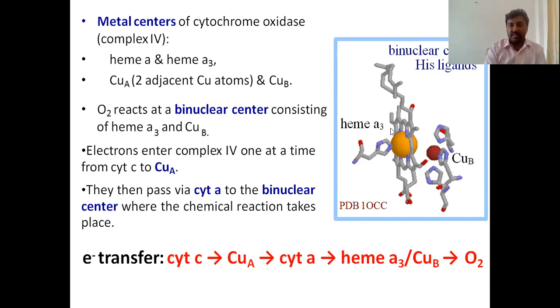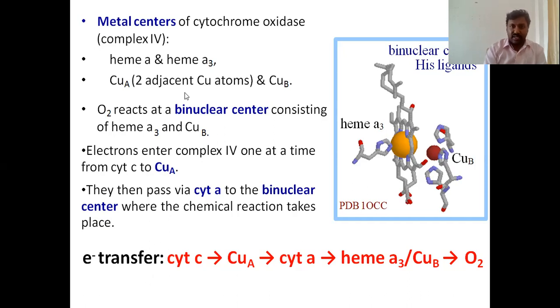Electrons enter complex 4 one at a time from cytochrome C to copper A. Then they pass via cytochrome A to the binuclear center where the chemical reaction takes place. This is how the electrons transfer.